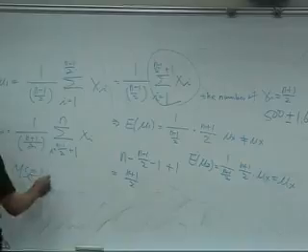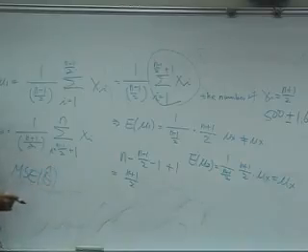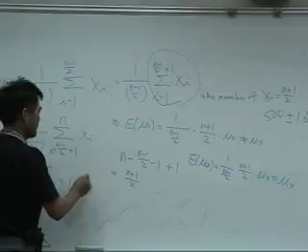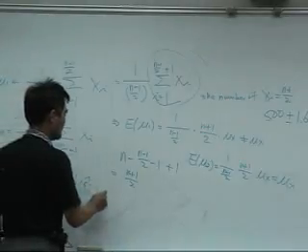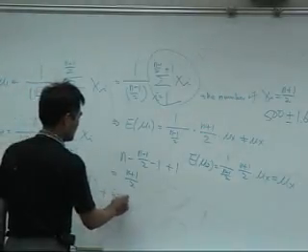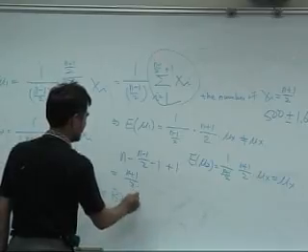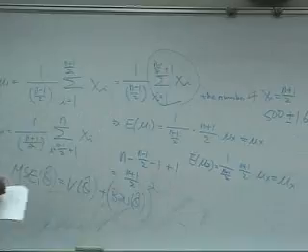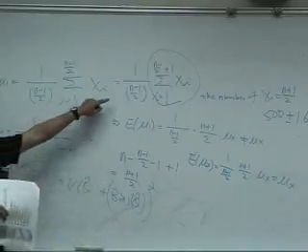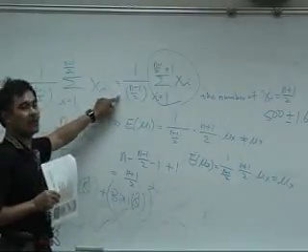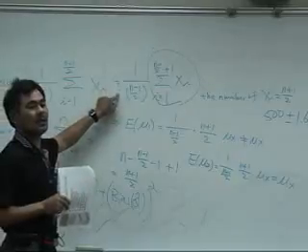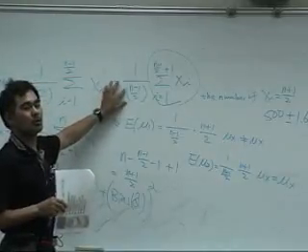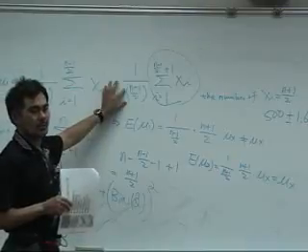The MSE of theta hat actually has two parts. The first part is the variance of theta hat, and the second part is the bias of theta hat squared. In terms of variance, if you look at the denominator, you already know which one has a larger variance.